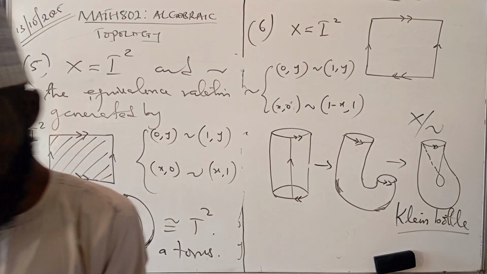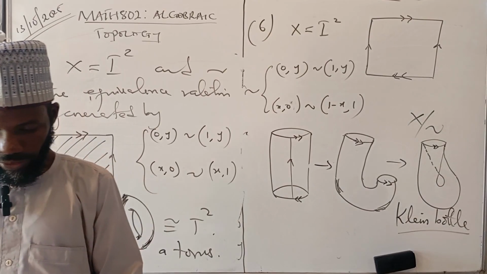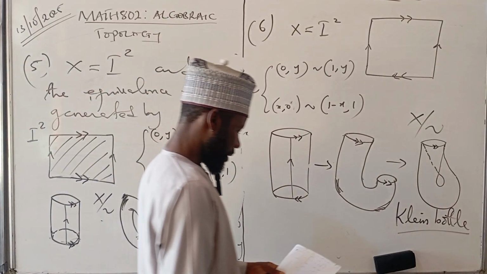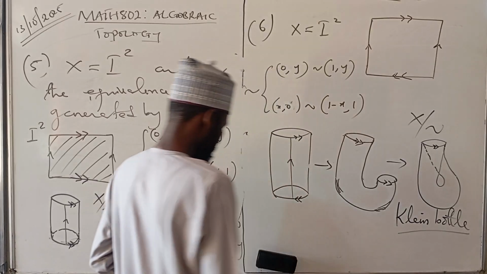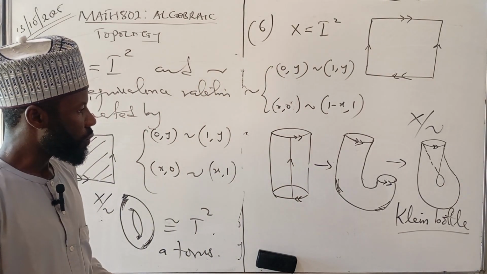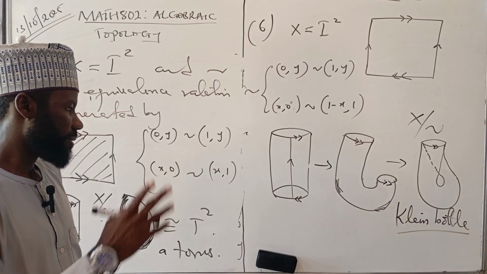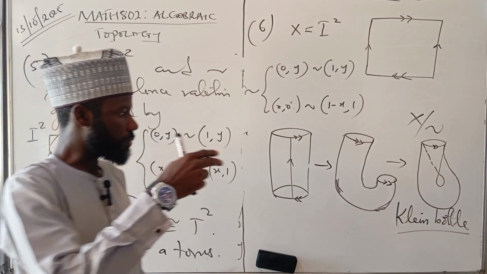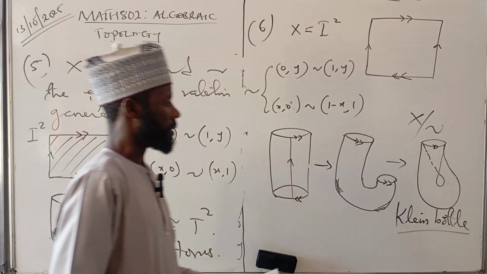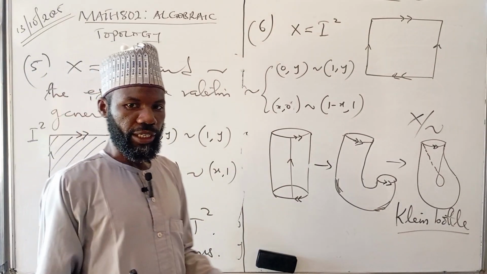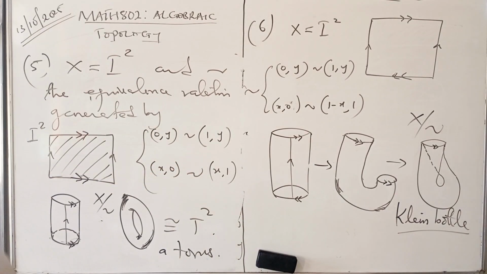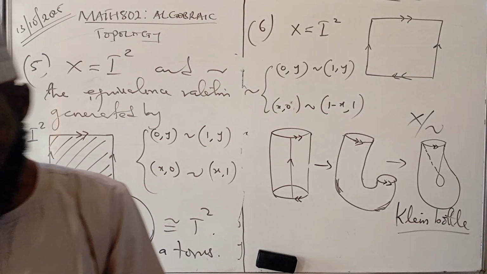Okay. This is the last object. So maybe what I will tell you is that this Klein bottle can be seen as a union of two, not a disjoint union, but I just want to give you another way of constructing it.